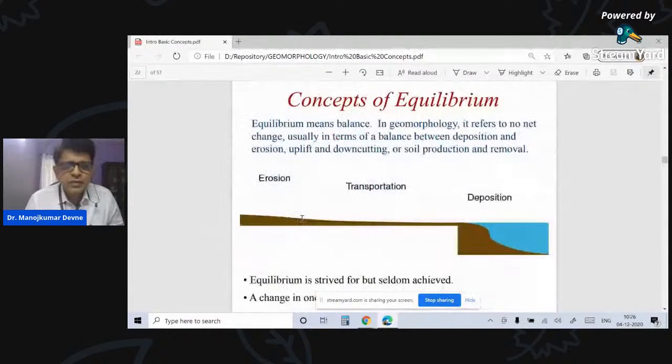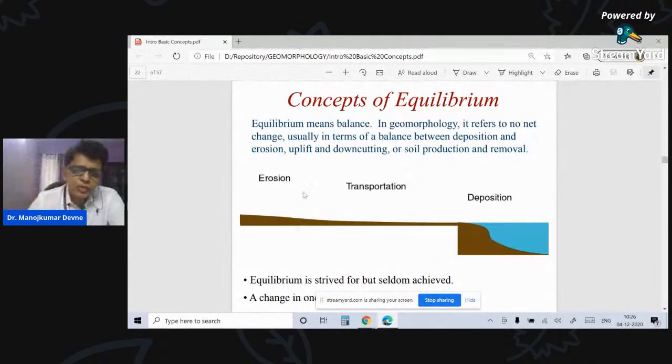Just with reference to a river, equilibrium means a balance between erosion and deposition. In geomorphology, it refers to no net change. You remember I spoke about graded streams, it's very similar to that. Usually it is a balance between deposition and erosion, uplift and downcutting, or soil production and removal.